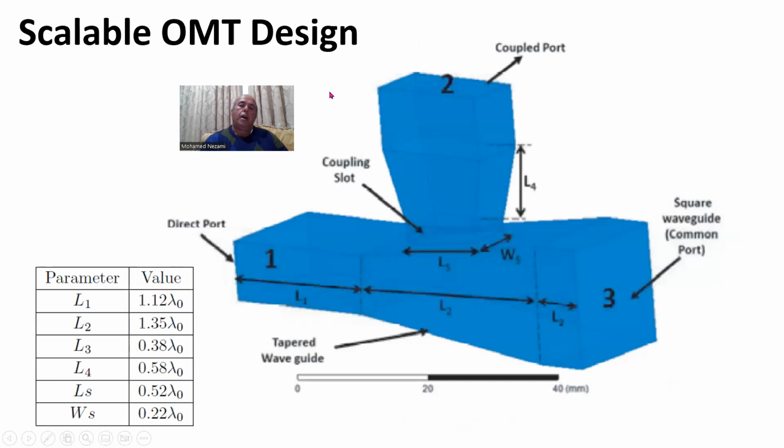Now, the design usually is scalable with these OMTs. So very nicely you can start from the beginning. Okay, so this dimension is given, this dimension is given, this dimension is given, because that's given by the EIA standard. So you have a Ku band, you've got the transmit frequency waveguide and the receive frequency waveguides.